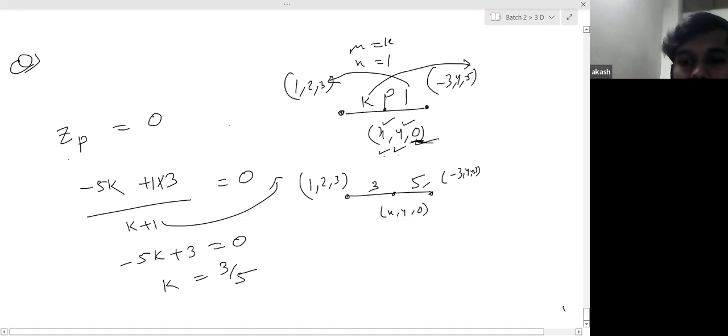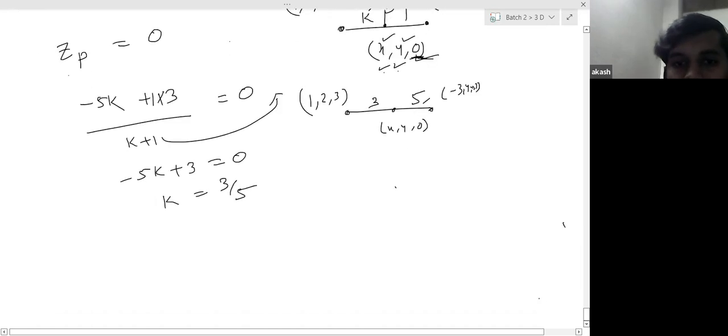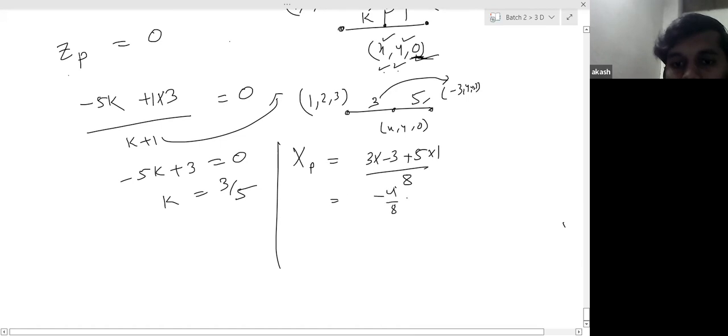We already know. So x coordinate will be 3 into minus 3 plus 5 into 1 upon 8. So minus 9 plus 5, it is minus 4 upon 8, so minus half.